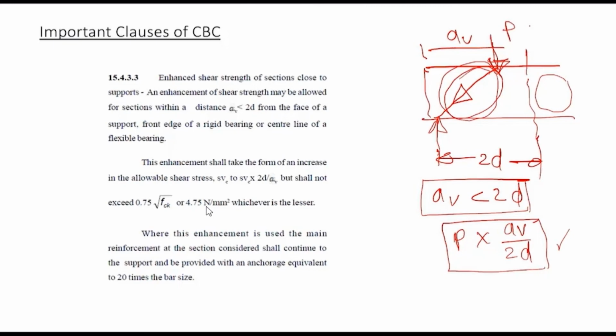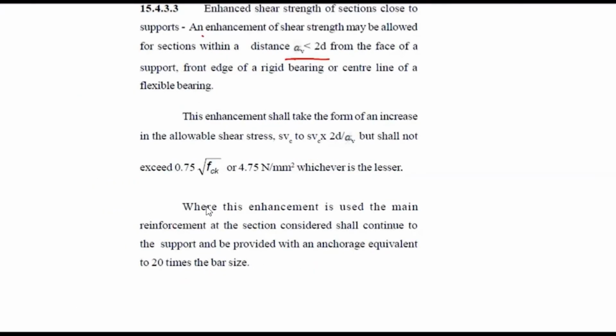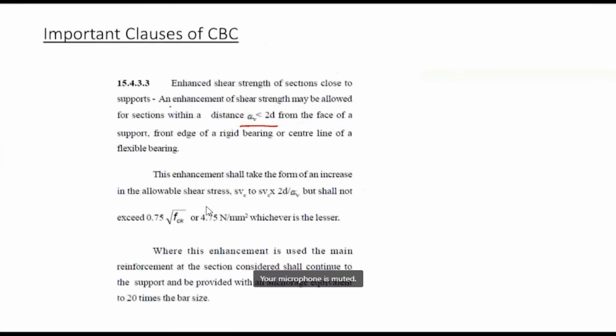But in our code, we are increasing the shear strength at this location. Enhanced shear strength of sections close to support: enhancement of shear strength may be allowed for sections within a distance av less than 2d from the face of the support, from the edge of the rigid bearing or center line of a flexible bearing.